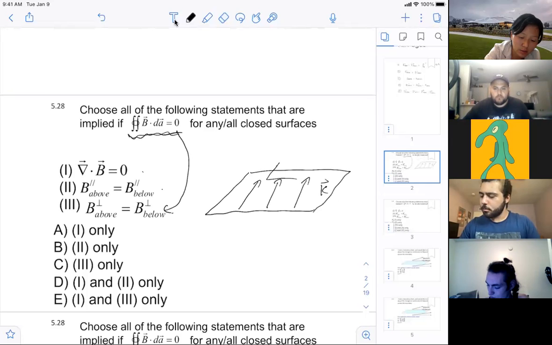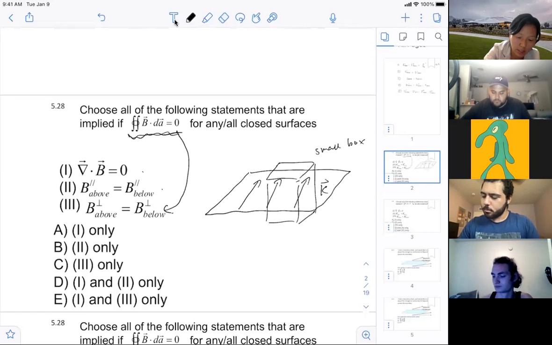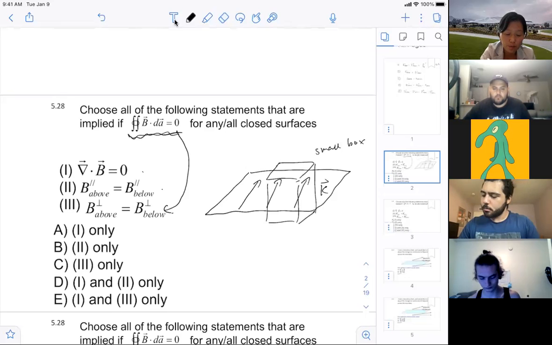So I'm going to do that. I'll draw a little cube, like a small box. Now, if you're looking at the perpendicular component of B, that would be B perp above and B perp below.